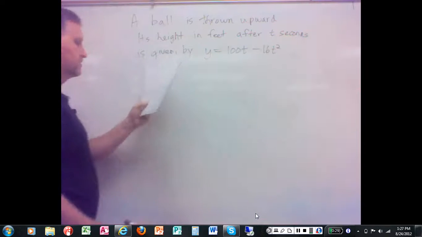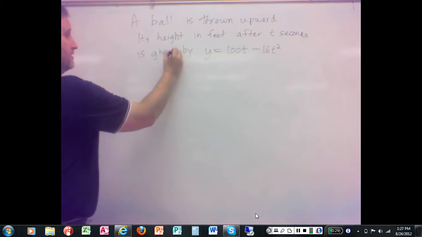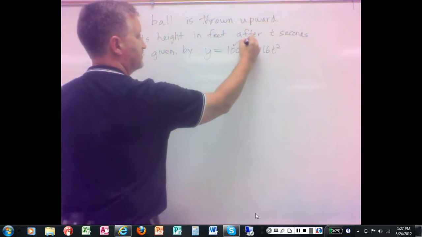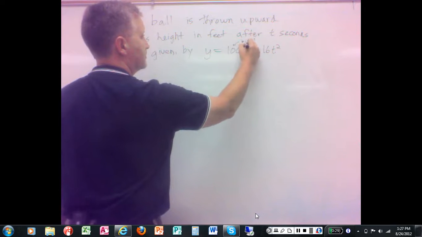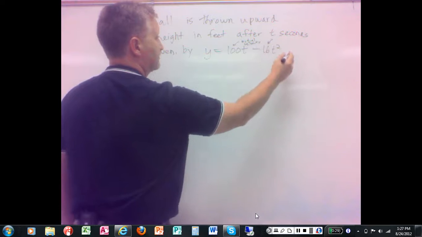You may know something about an equation like that. This is actually the initial velocity, and this is the gravitational constant.